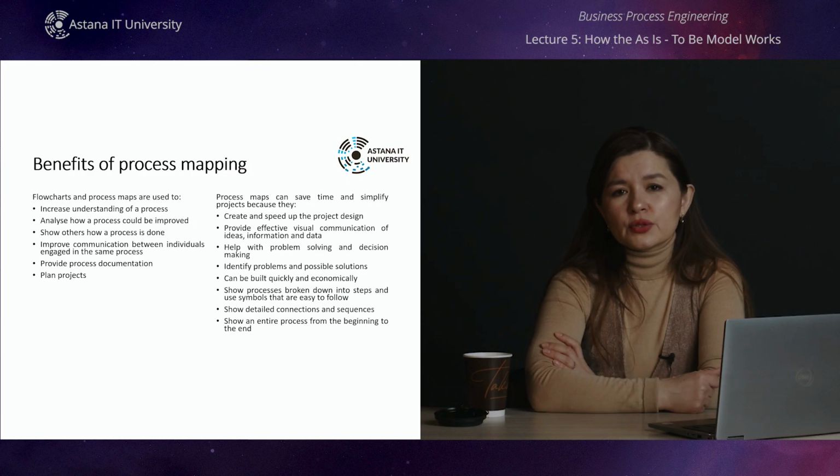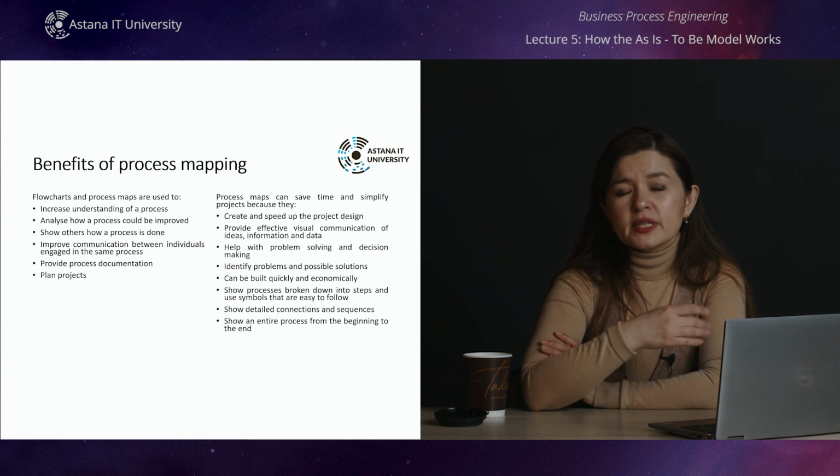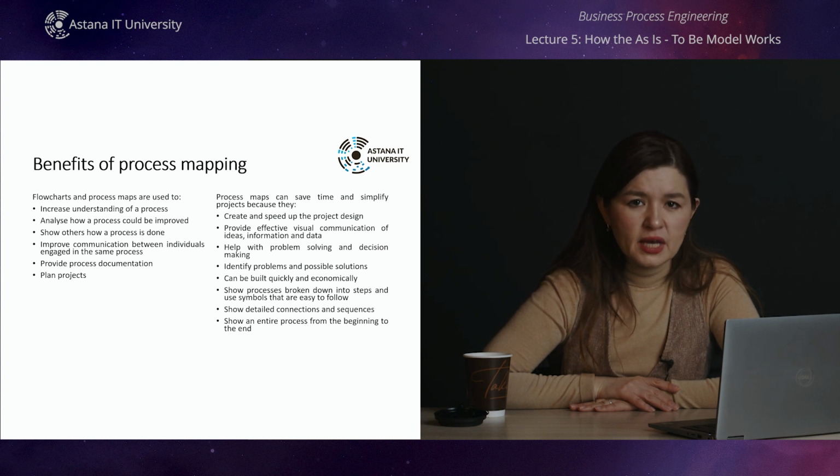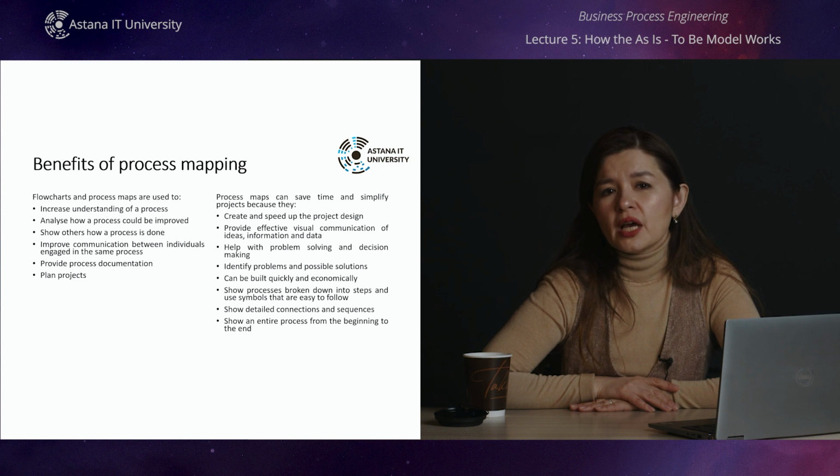Benefits of process mapping, again. Indeed, flowcharts and process maps are versatile tools that serve various purposes in business and project management. So why do we turn to flowcharts and process maps? To enhance our comprehension of a process. Imagine trying to understand the complexities of a procedure solely through pages of written instructions.